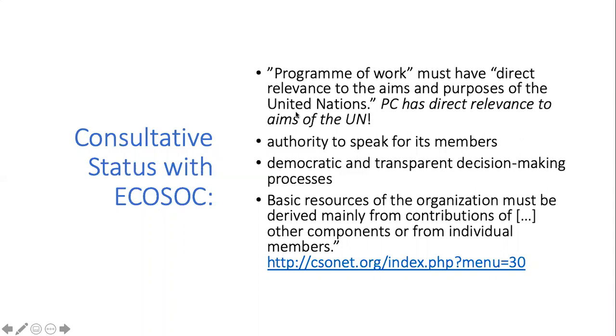In order to get that status, the program of work of the organization must have, quote, direct relevance to the aims and purposes of the UN. So this means that palliative care has direct relevance to the aims of the UN. The organization must have authority to speak for its members, a democratic and transparent decision-making process, and our basic resources must be derived from contributions or other components, which usually means grants.